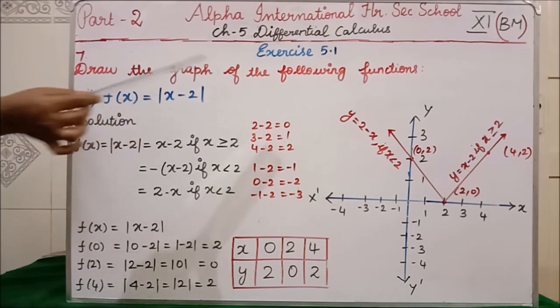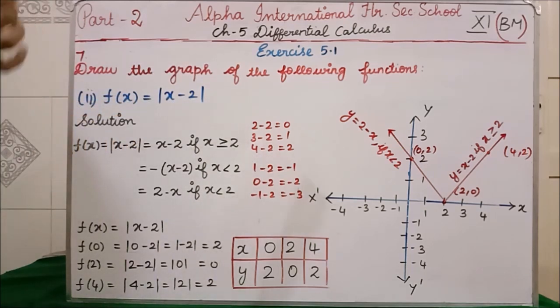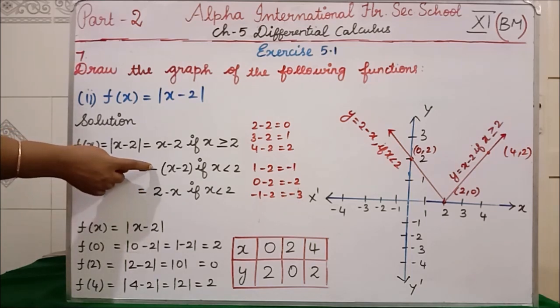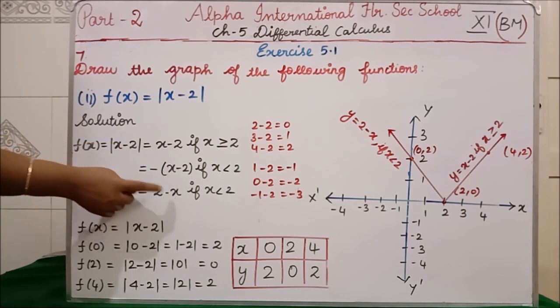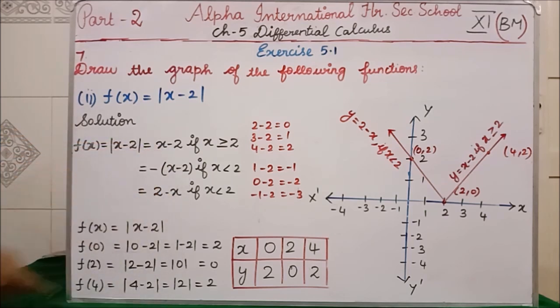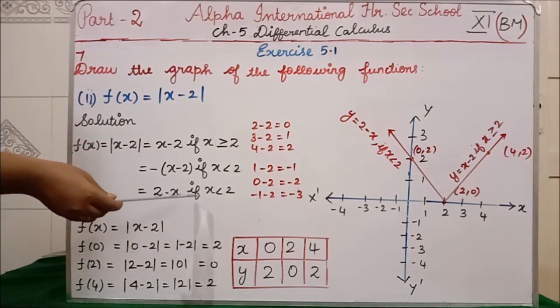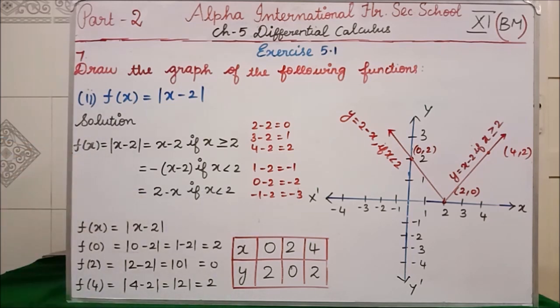When x is greater than or equal to 2, we are getting a positive value. In the next step, to multiply inside: minus into x is minus x, minus into minus is plus 2. So 2 minus x if x is less than 2. This we are doing only to represent it in the graph.